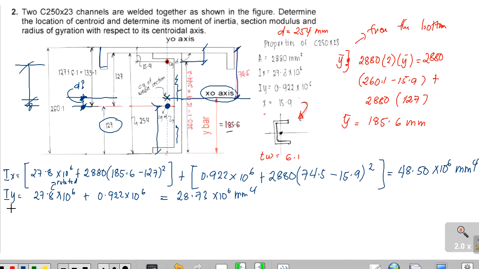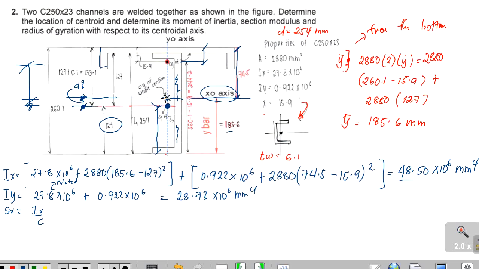Solving for our section modulus, Sx. Sx is equal to Ix over c. Ix is given, that is 48.50 times 10 raised to 6. How about our c? c is the farthest distance of the top or bottom fiber of our section from our centroid.